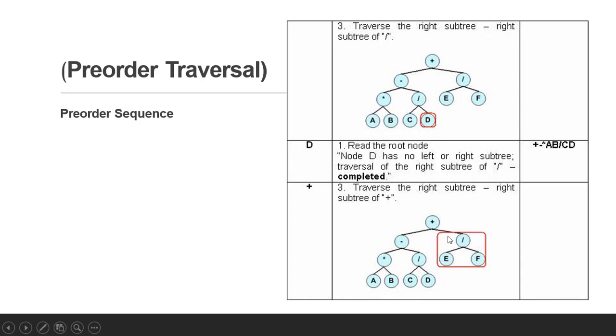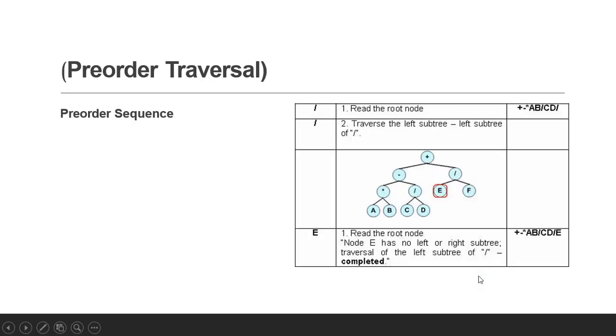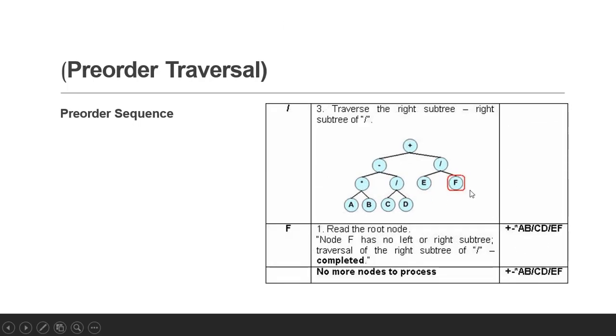Now we have to go back to step number 1: visit the root, traverse from left, and traverse from right. So that's why we have this next step. Visit the root, traverse from left, then traverse from right. Then this is the last node of this tree, which means this is the final answer of the pre-order traversal.